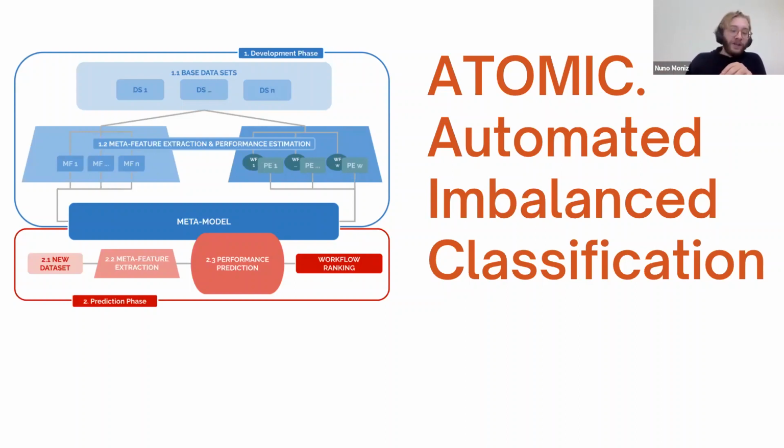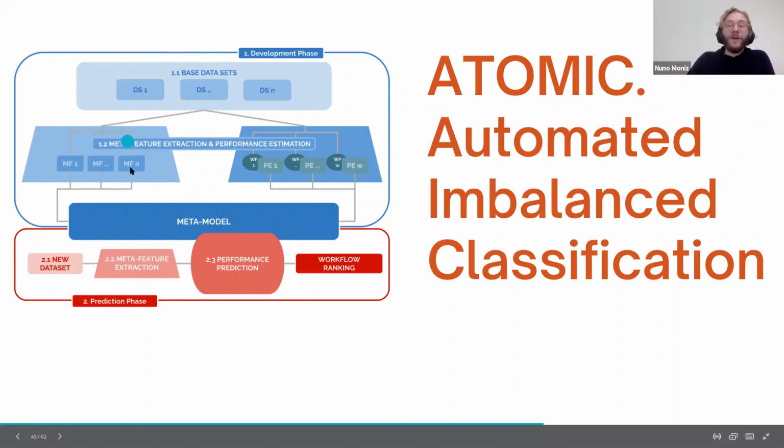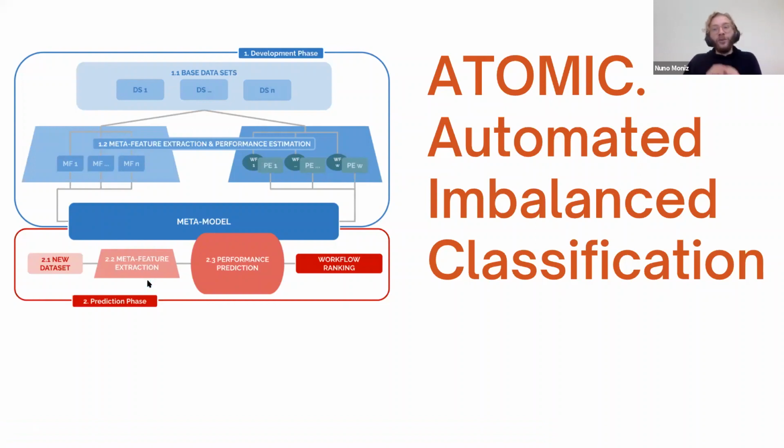So in a second phase, when a new data set comes in, you extract meta-features, as we did in the first phase, combine that with all of the models that we have defined and tested previously, and then predict what their performance would be.